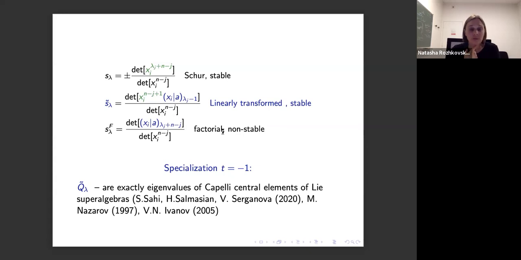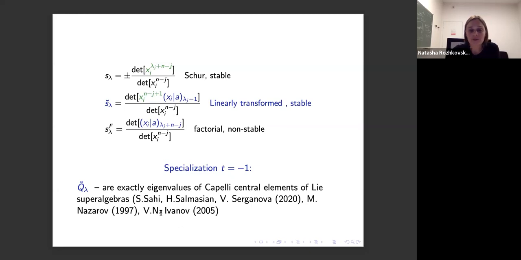And surprisingly, if we look at the specialization T=-1, which corresponds to Schur-Q functions, the linearly transformed Schur-Q functions coincide exactly with the multi-parameter analogs which were already defined earlier in some settings.